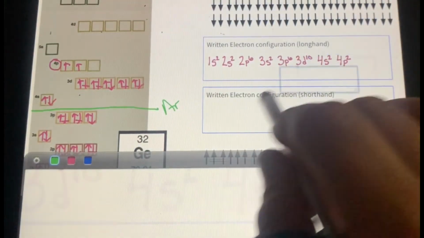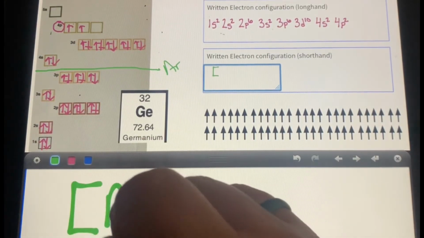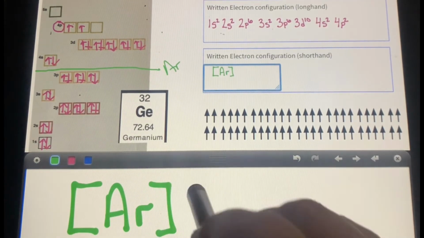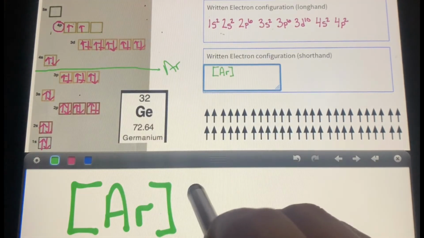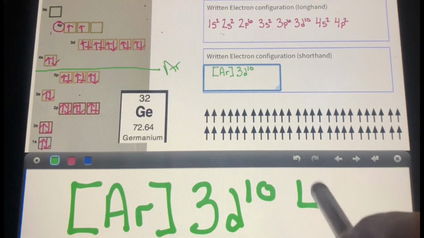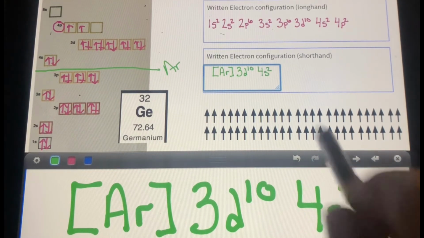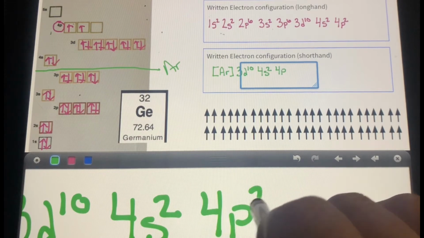So I don't have to write any of this now. All right, square bracket Ar. Then, I need to write that D first. 3D10, 4S2, and 4P2.